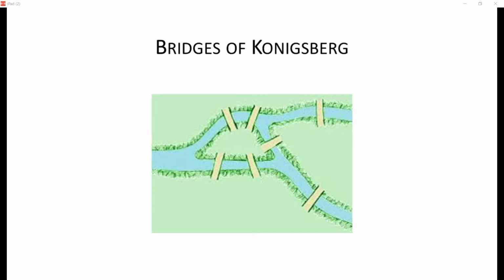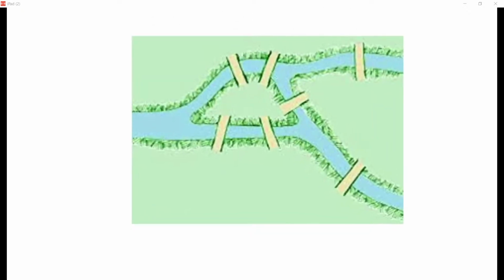So here's the city of Königsberg, and let's give it a go. See if you can figure out how you could cross each bridge once and only once. And to help us out, I'm going to just label these things. There we go.